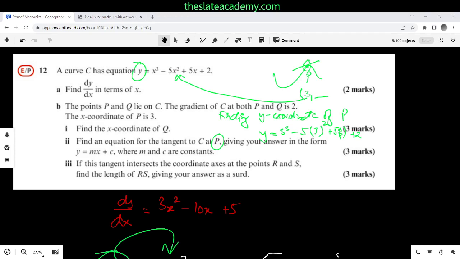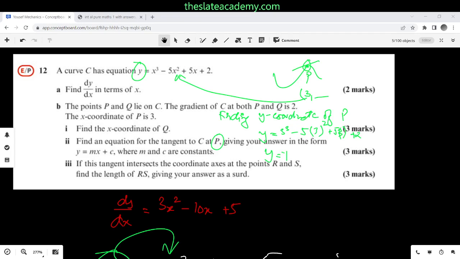Okay, so I get y is equal to minus 1. I'm checking now in the calculator. Yeah, minus 1. So y is equal to minus 1.